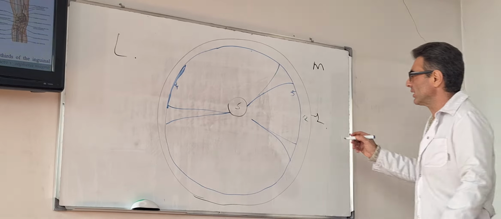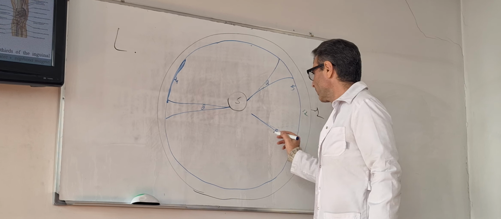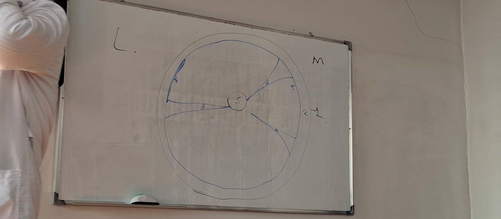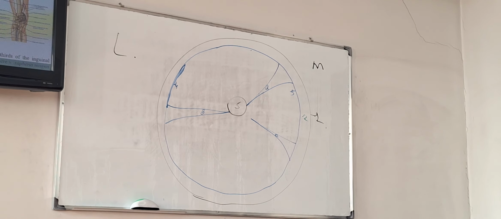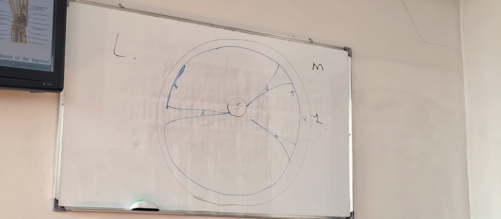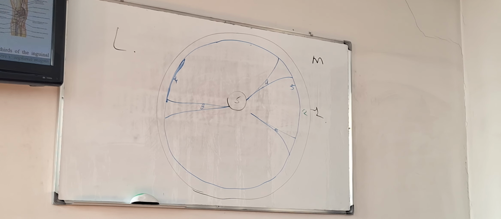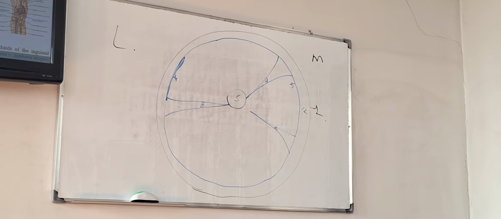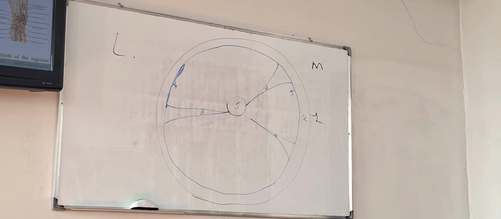So I put here letters A, B, C. Call A the medial intermuscular septum, B the lateral intermuscular septum, C the posterior. And in each one, its own interfascial space: inside of A the medial interfascial space, inside of B the lateral interfascial space, and inside of C the posterior interfascial space.